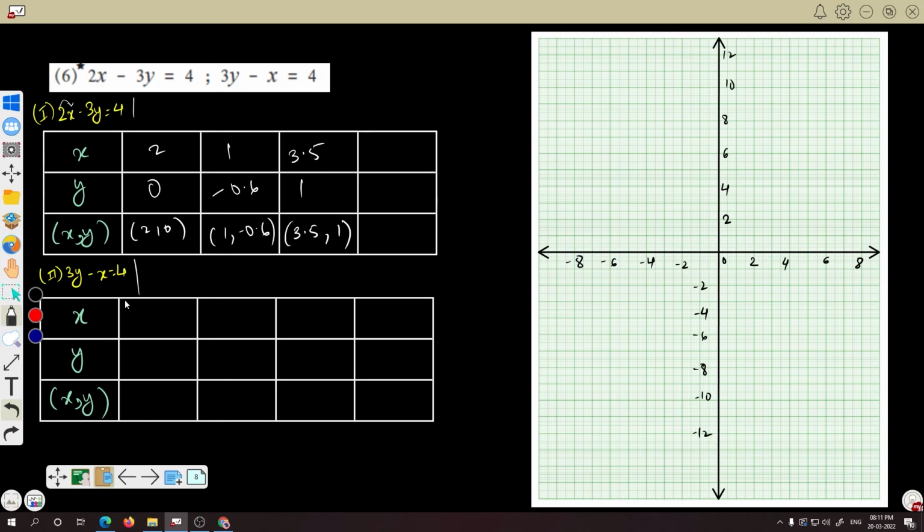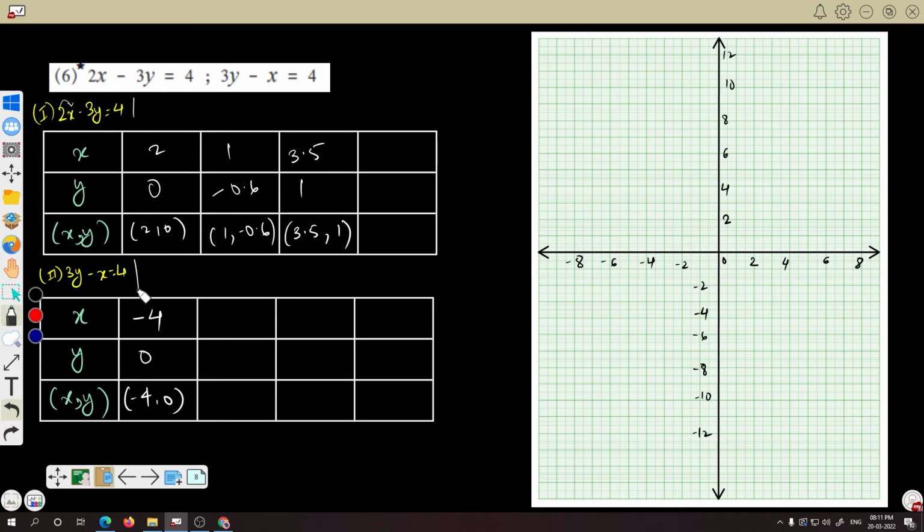We'll look at the second equation now. For the second equation, if I put y as 0, then the equation will be minus x is equal to 4, which means x is equal to minus 4. So the x value will be minus 4. This is the first point.